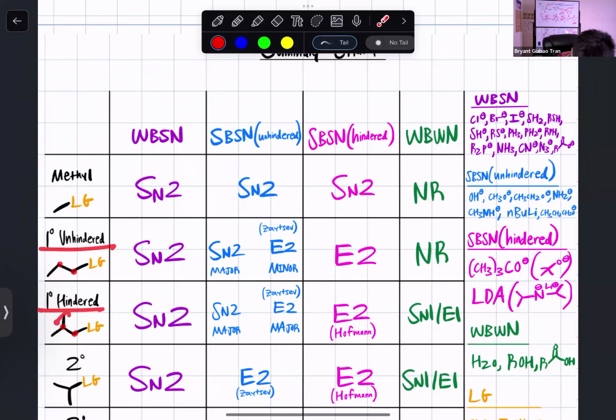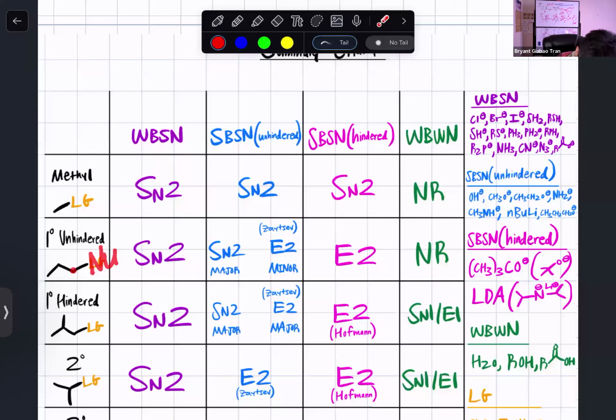For the primary hindered case, SN2 and E2 are both equally major because if you do SN2, you substitute the leaving group with the nucleophile. If you do E2, then you make this double bond right here. That's geminal. Whereas in the primary unhindered case, SN2 is going to be major because it's not substituted.